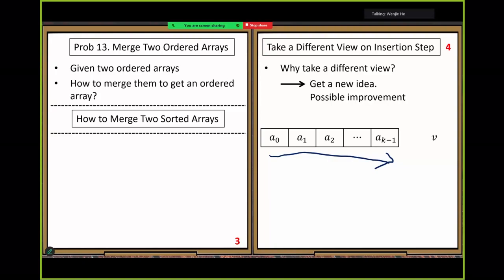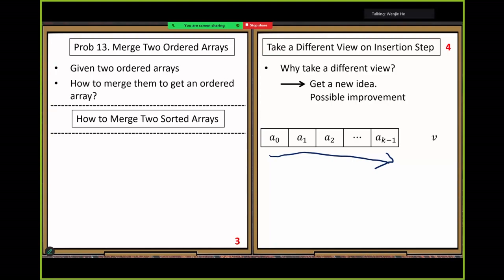This part is different. But can we treat this single element as a special ordered array? One element, if we treat it as a special one-element array, it is ordered, right?